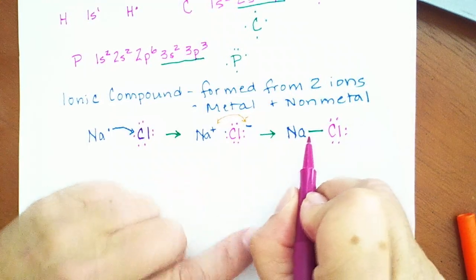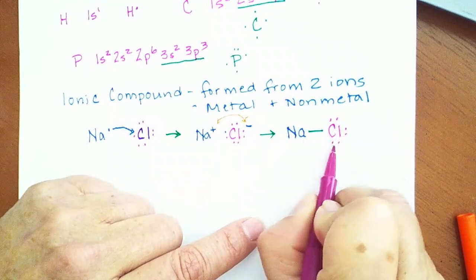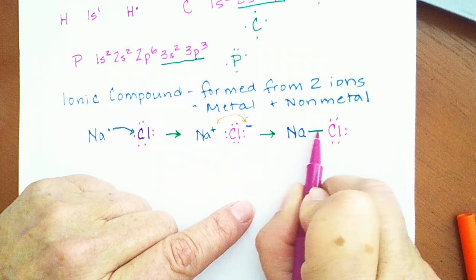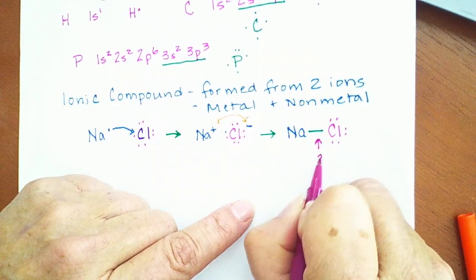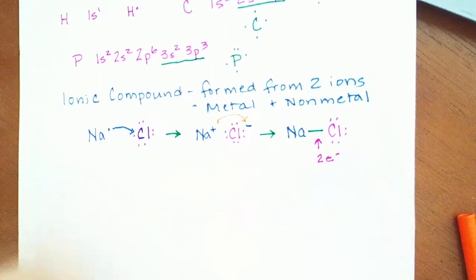Now you can see chlorine, this has 6 around it, but this line right here represents 2 electrons. So that line represents 2 electrons. That bond represents 2 electrons. So whenever you are making Lewis dot structures, the line, the bond, represents a pair of electrons. So sodium chloride looks like that.